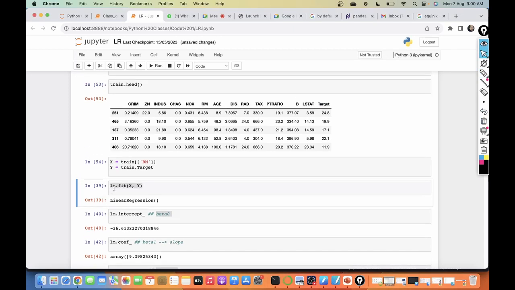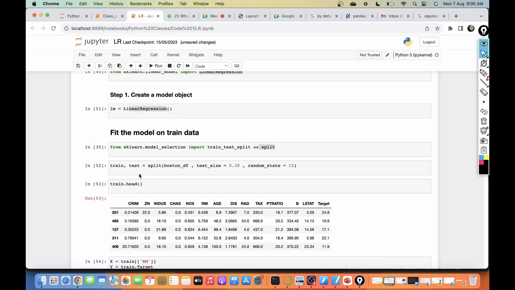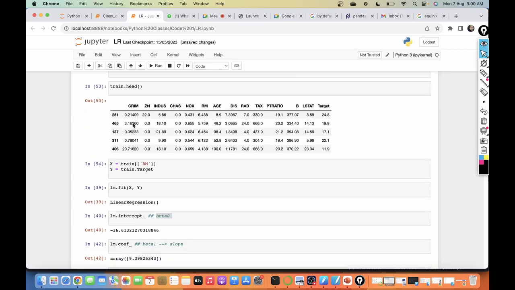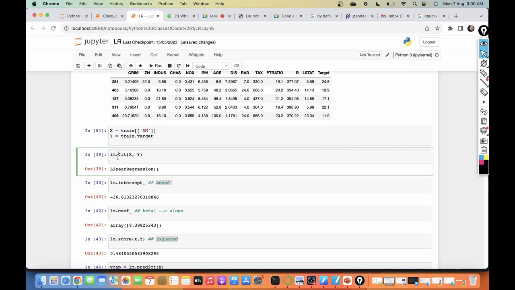Since we have taken lm as our linear regression, we do lm dot fit. Now you'll get a lot of values inside this one, we'll see each and everything. Out of that we are using the fit function, and inside the fit we need to provide the train data.